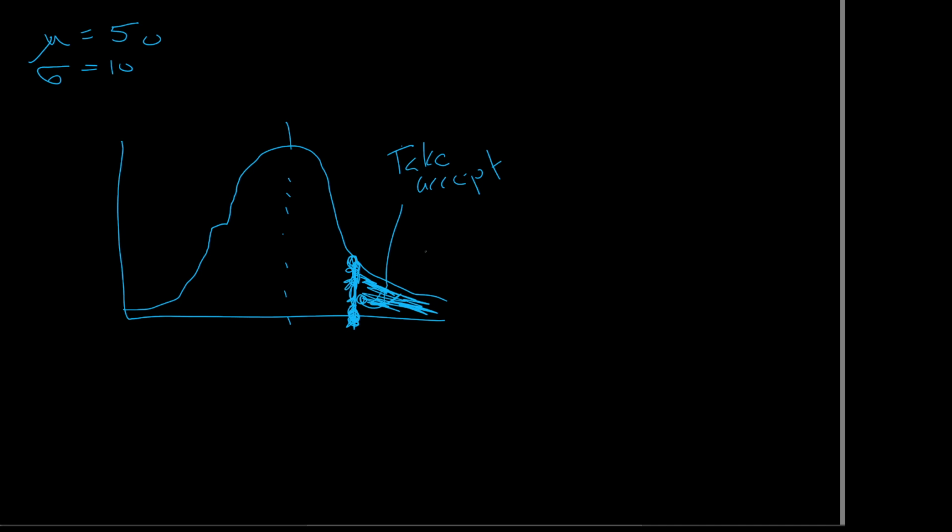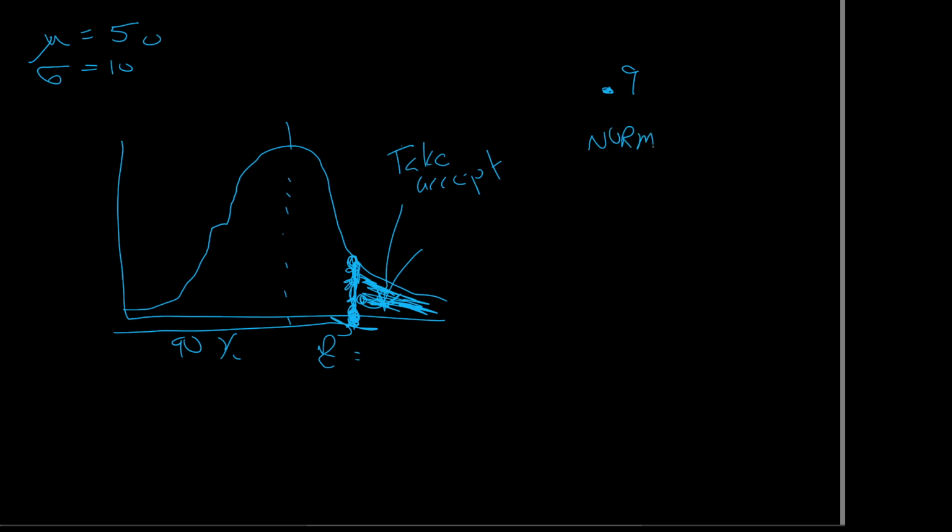Which in that case, if this is 10%, then everything up to it is 90%. And so we want the Z-score that relates to 90%. So we need to find the Z up to 90%, and so what we're looking for is 0.9. Now, I'm going to use the inverse normal function on the calculator, or on Excel.